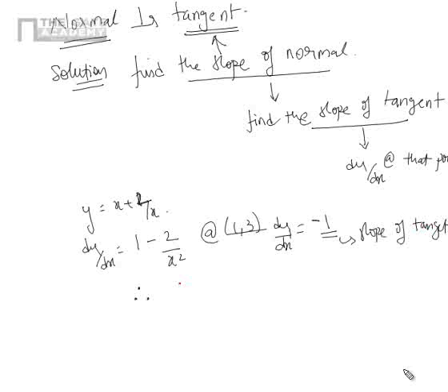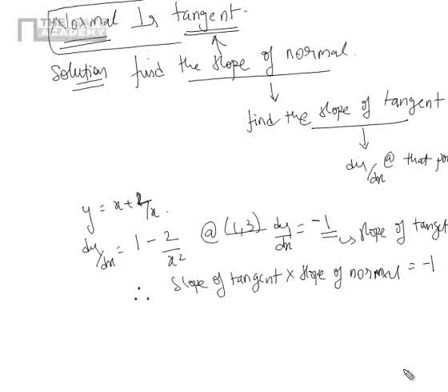Correct? Now, slope of tangent into slope of normal will be equal to minus 1. Why? Because normal is perpendicular to the tangent. Since normal is perpendicular to the tangent, slope of tangent into slope of normal will be equal to minus 1. Okay?